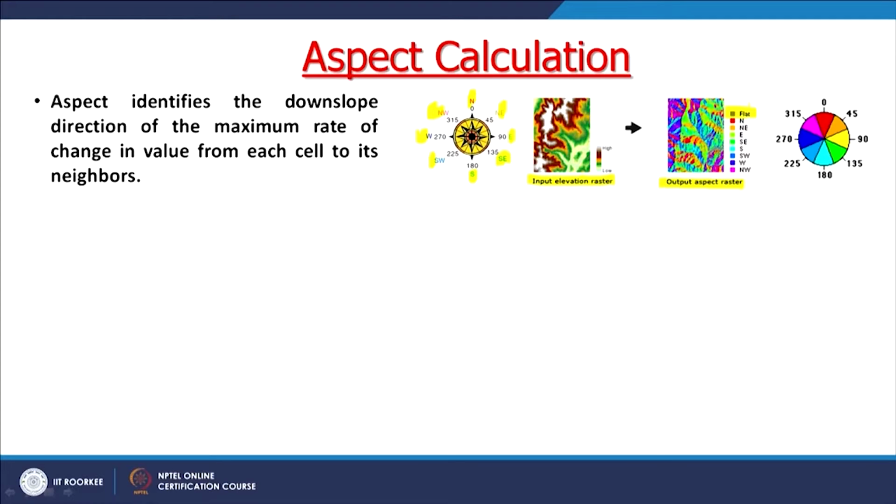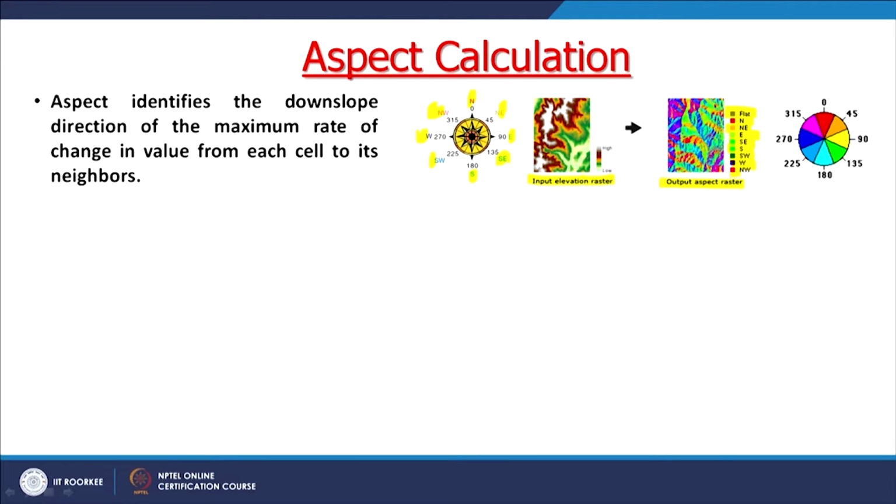All 8 pixels or cells have the same value as compared to the center pixel, and therefore that area is identified as flat. So, in the legend you will see a total of 9 boxes or 9 directions, but remember one direction is always about the flat.